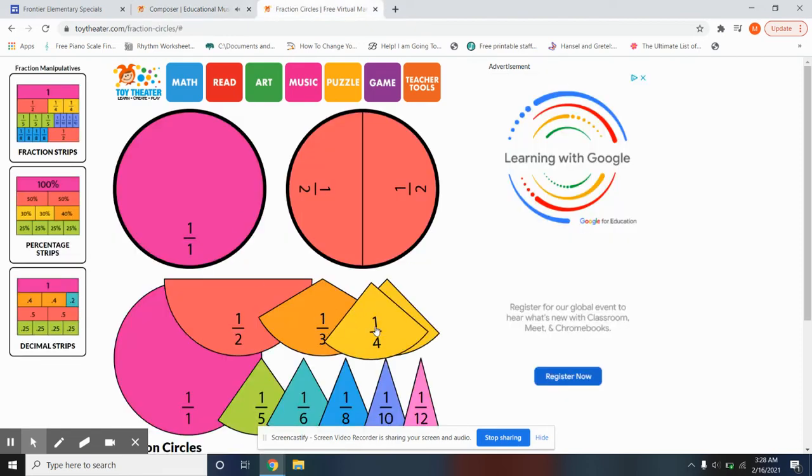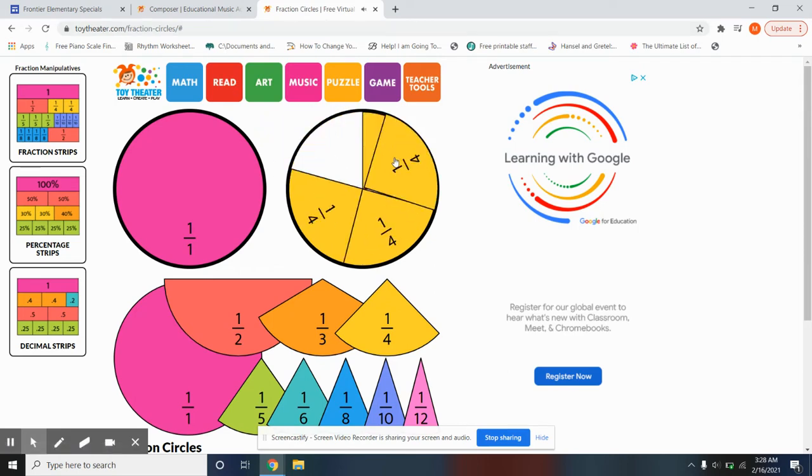If we want to cut into 4 pieces, we would end up with 1/4, 4 pieces, 1, 2, 3, and 4.